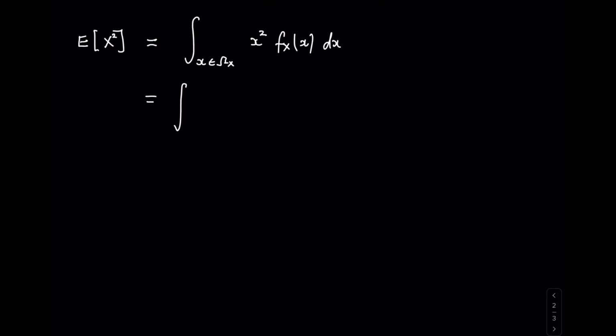This then becomes, when we substitute in our terminals, 0 to infinity, we've still got our x squared. Then we're going to multiply again by our function, beta to the alpha on gamma of alpha, x to the power of alpha minus 1, e to the negative beta x dx.